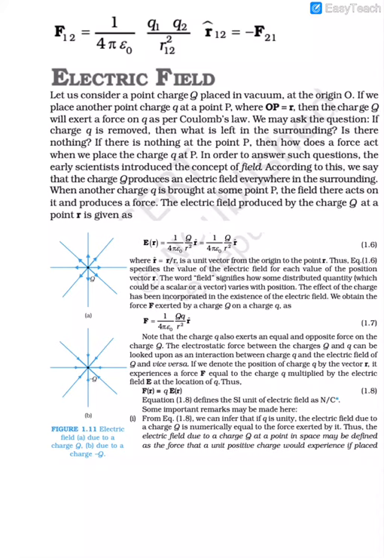Now, in order to find the force on the charge small q which I am going to place at the point P, I just need to multiply the field by it. Whatever the value of field I got, if I multiply that with small q, then I'll get the force, and therefore this is the force.